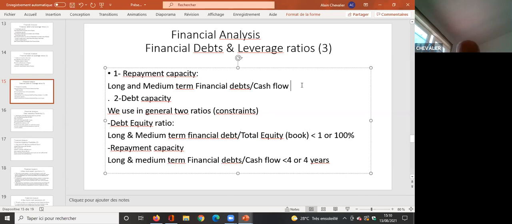So if you want to get more debt, if you want to have new debt capacity, you need that these two constraints are satisfied. So that's the reason why we use, and this is point 2 here, these two ratios, to measure the debt capacity of a firm.